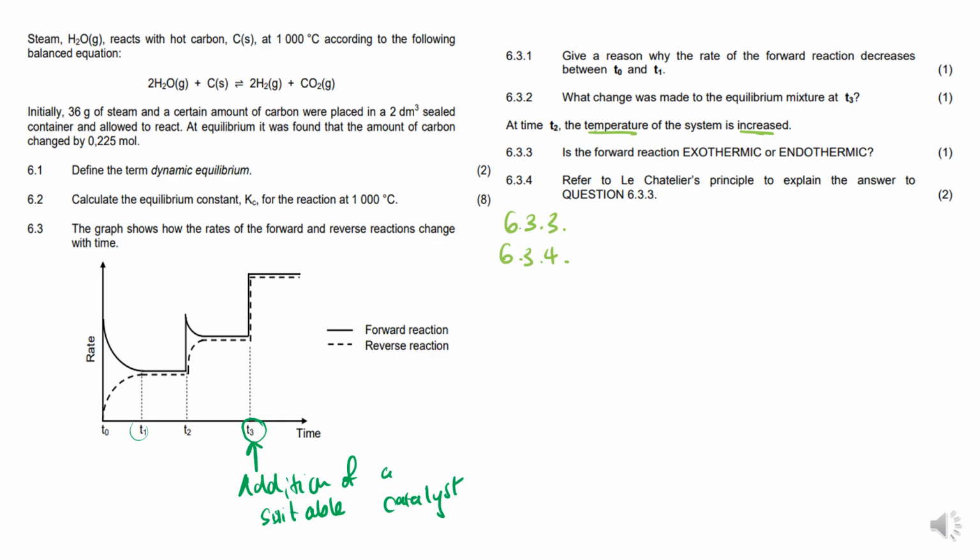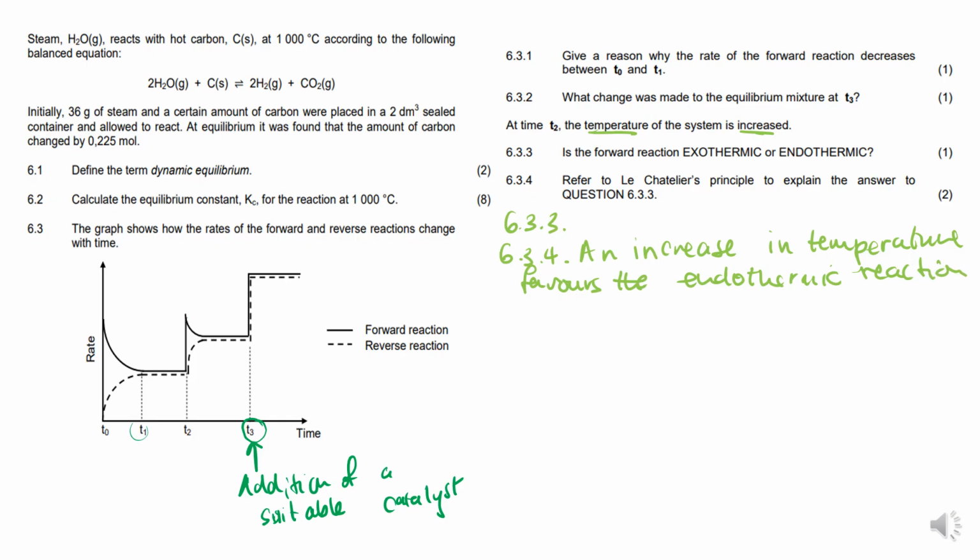According to our understanding, an increase in temperature favors which reaction? It favors the endothermic reaction, right? The endothermic reaction.